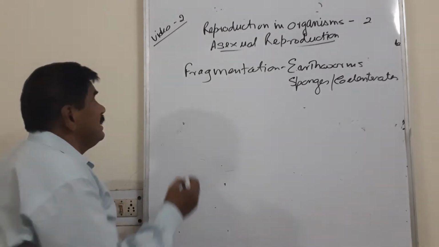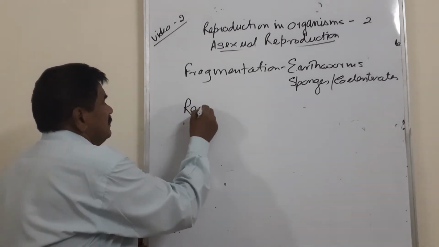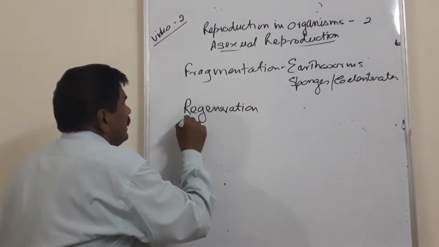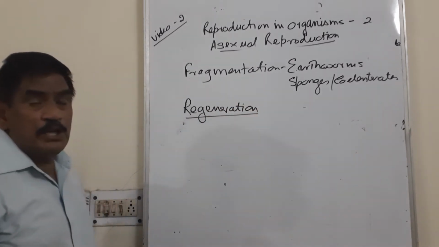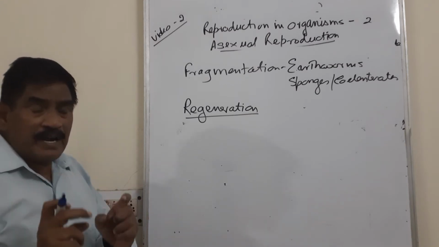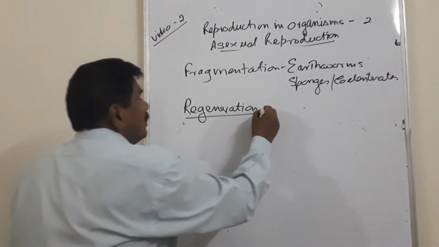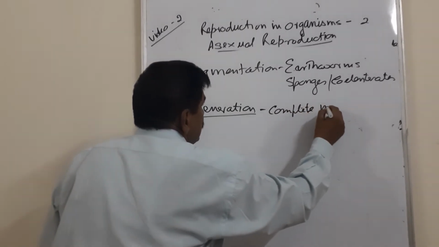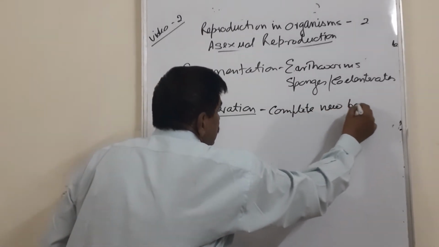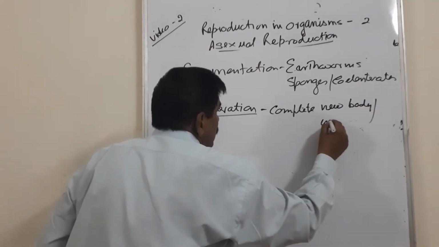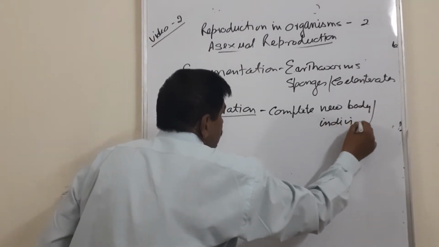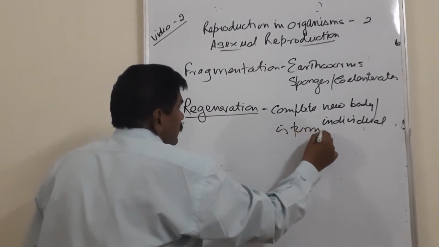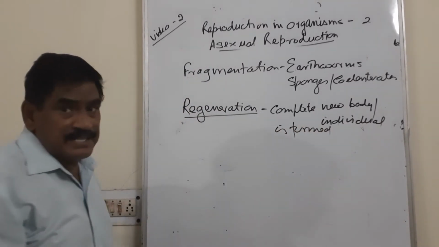Similarly, there is regeneration. Regeneration is the growth of a new individual. When from a part of the body the complete new body or individual is formed, it is called regeneration.